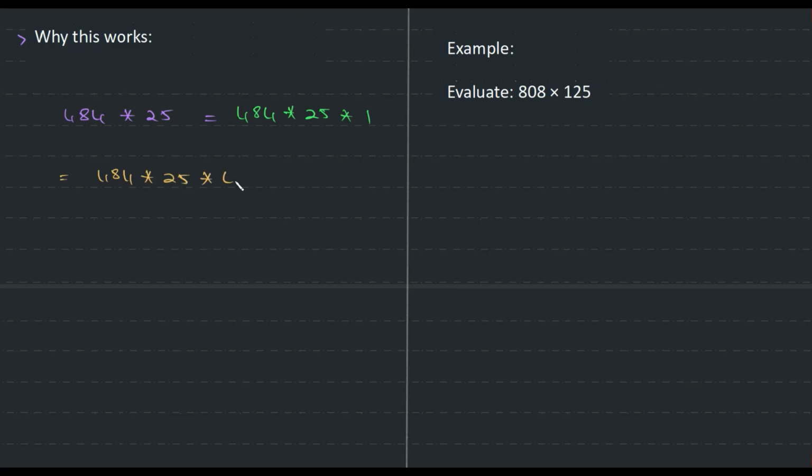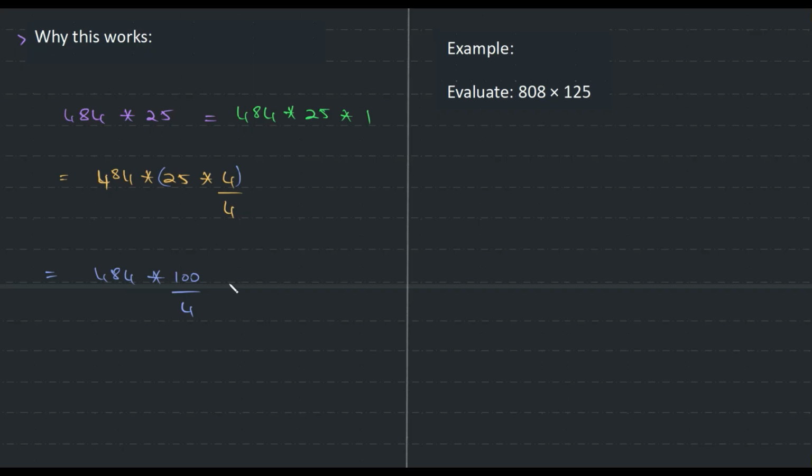Can I write 1 as 4 divided by 4? Of course, I can write anything. I can write it as 5 by 5 also, but I am taking 4 by 4. Reason being, 25 into 4 gives me 100. And so I can write 25 by 100 by 4, and 484 will remain as 484 and nothing happens over here.